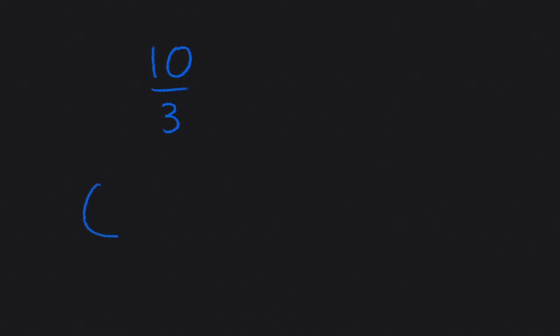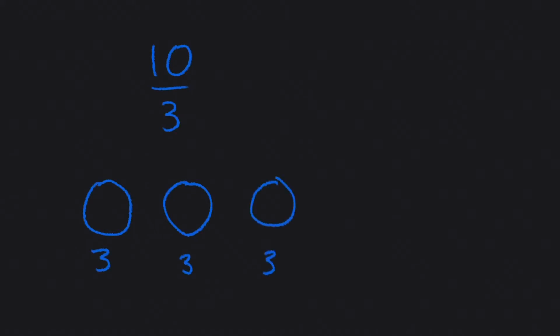My first set is going to look like this: I'm going to have 3/3 there. I can fit in more, so 3 plus 3 is 6. I've got another 3 in that 10, and I think I can fit in one more. So 3, 3, and 3, that's 9, which leaves just this 1/3 left.